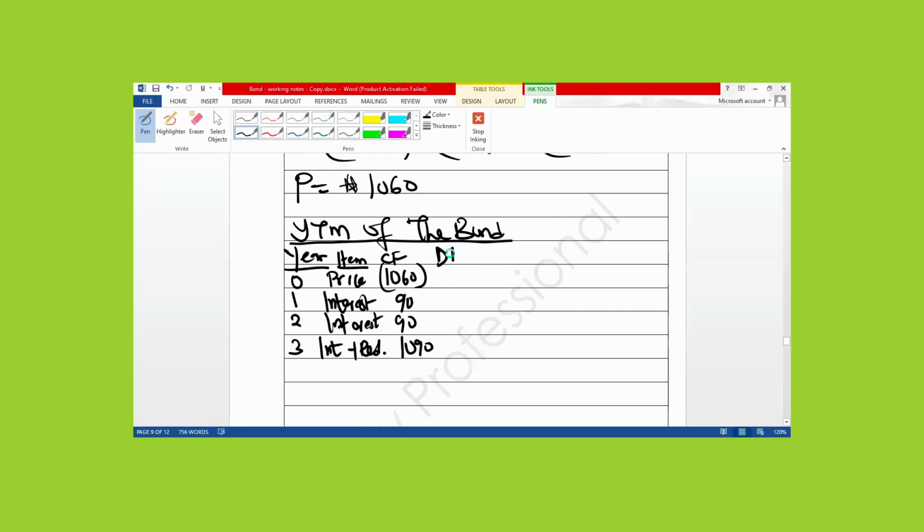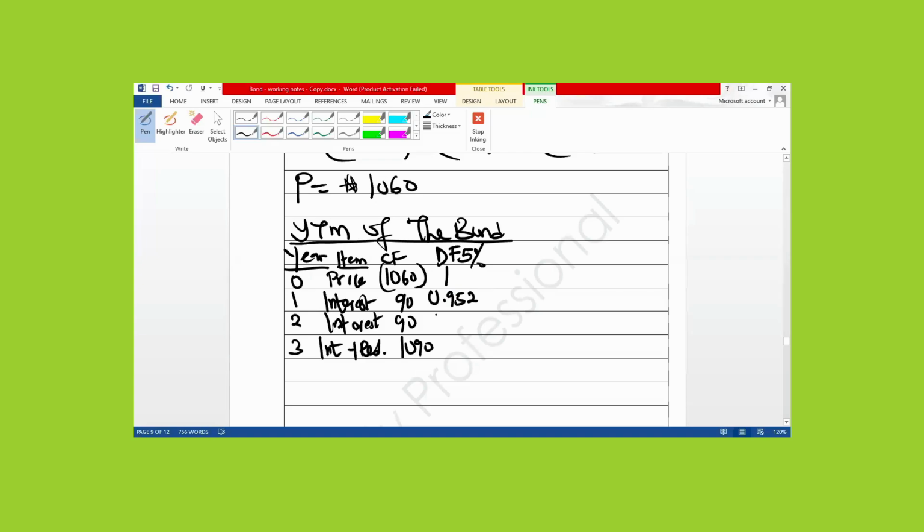Discount factor: you can start with 5%. 5% discount factor, year 0, that is 1. Year 1, 0.952.